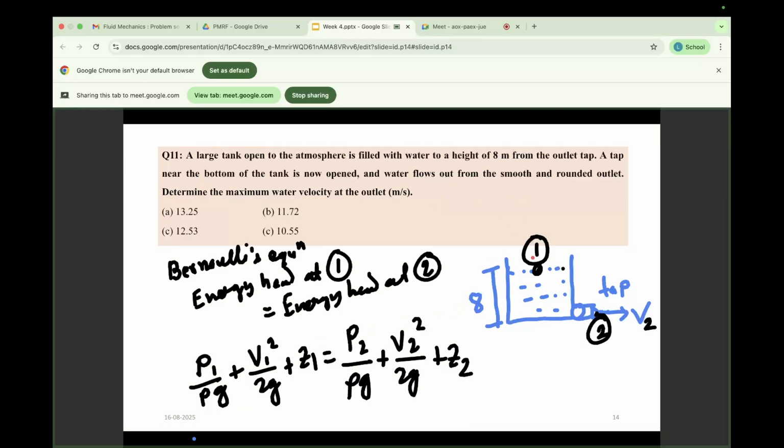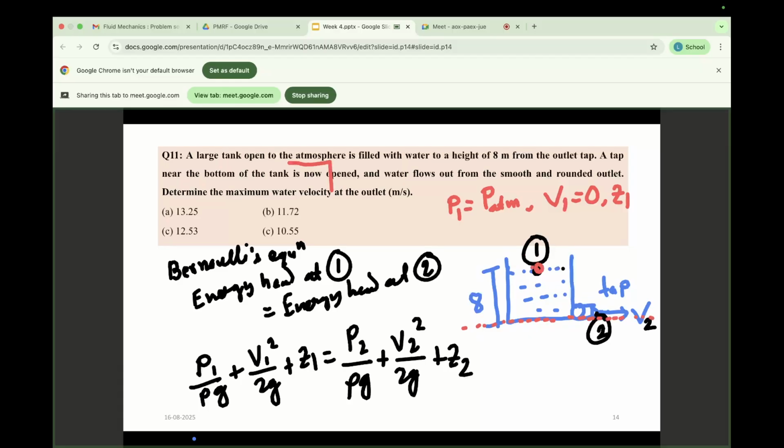So see, where is point 1? This point 1 is open to the atmosphere, so P1 is equal to P atm, atmospheric pressure, right? And at this point 1, is the water moving? No. So I can write V1 equal to 0. Talking about Z1, it is 8 meters, if I consider this as the ground.